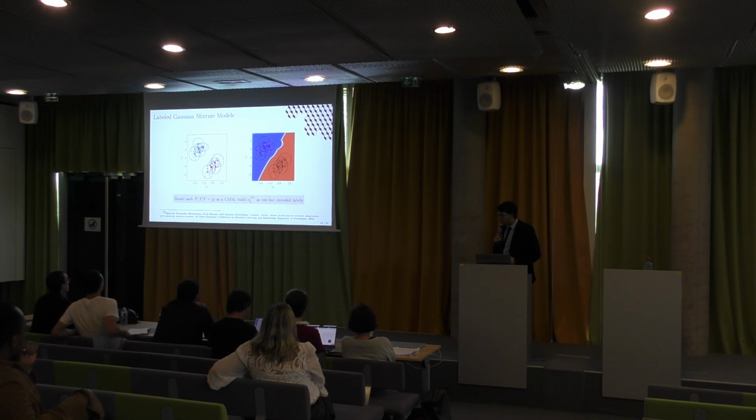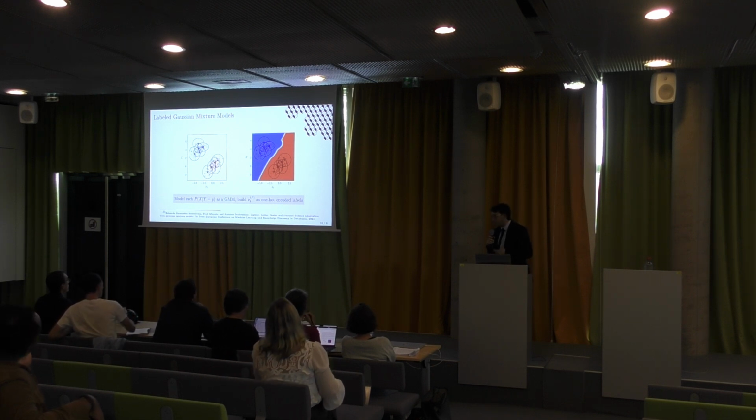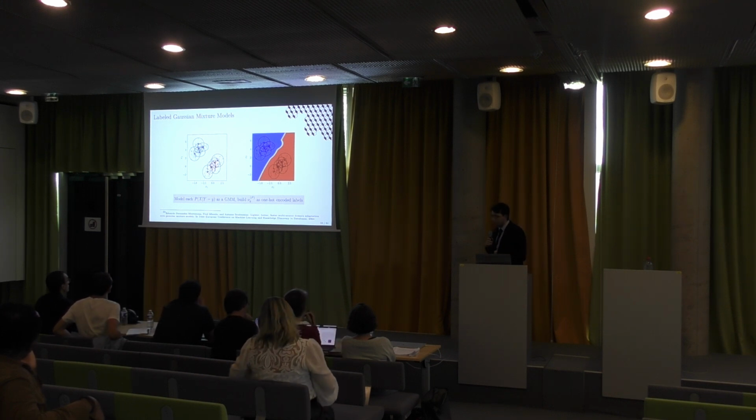The way that we found to represent feature-labeled joint distributions was to label the components of the GMMs themselves. We do that by fitting a GMM to each one of the classes. So we are effectively modeling each P of X given Y as a GMM independent of the others.